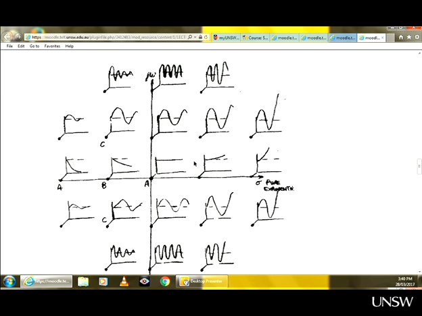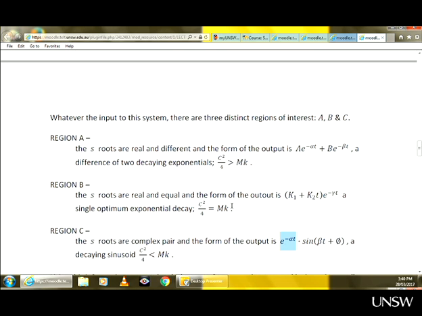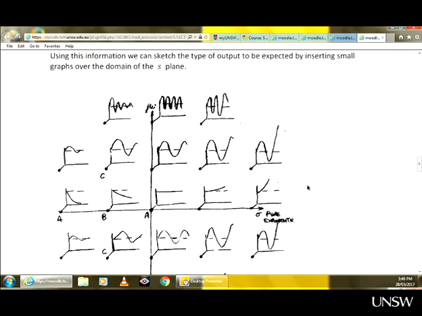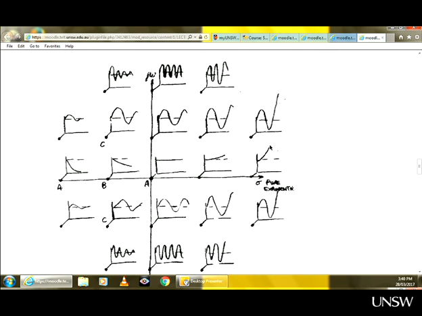It doesn't come back to zero. It just keeps deviating until infinity. You know why? Because now you have plus alpha t. Exponential to a positive power will give you an ever-increasing exponential function. And the same here. And the further you move along the plus real axis, the faster you have this exponential growth.